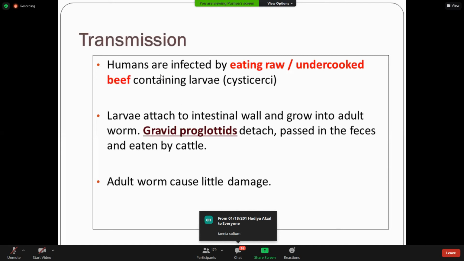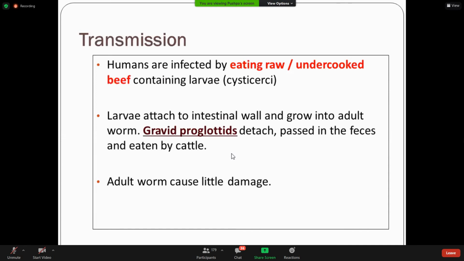अच्छा, transmission. Humans are infected by eating raw or undercooked beef containing larvae. Larvae attached to the intestinal wall grow into adult worm. Gravid proglottids detach, pass in the feces, and are eaten by the cattle. अब ये है कि हम डायग्नोसिस जो है प्रोग्लॉटिड के थ्रू कर सकते हैं या एग्स के थ्रू, दोनों ही ऑब्जर्व कर सकते हैं इन द लेबोरेटरी.